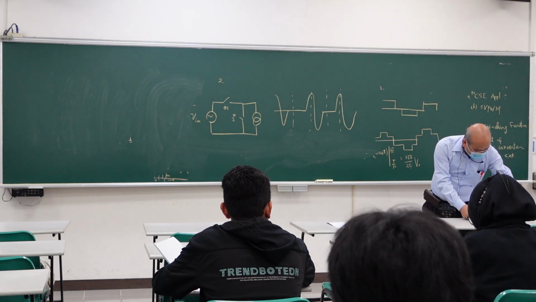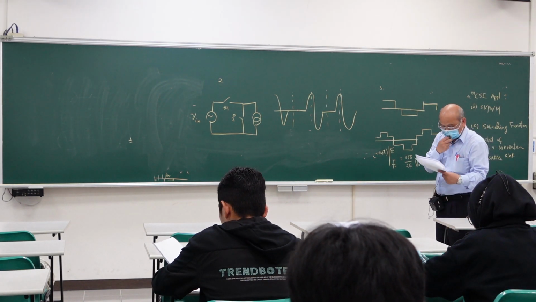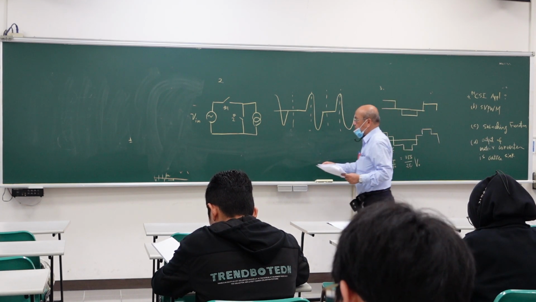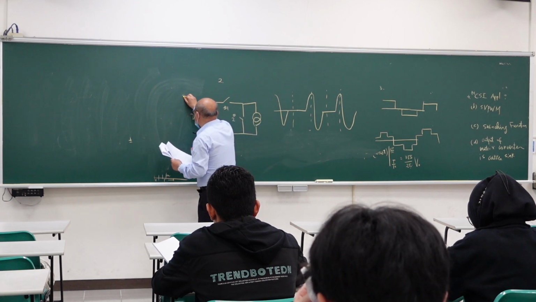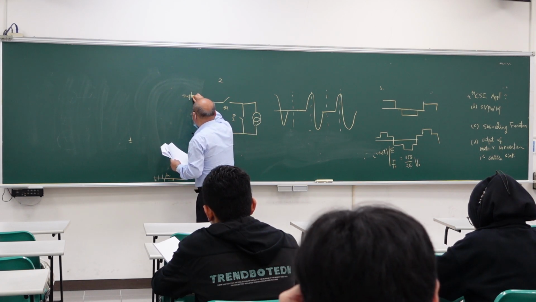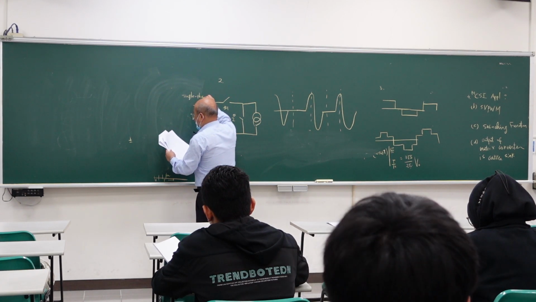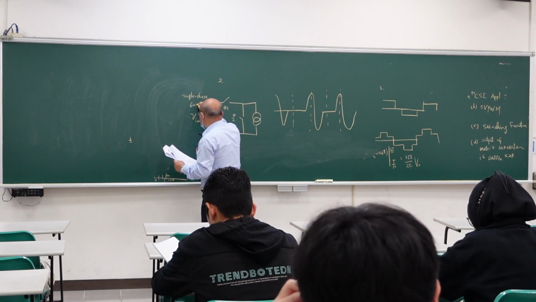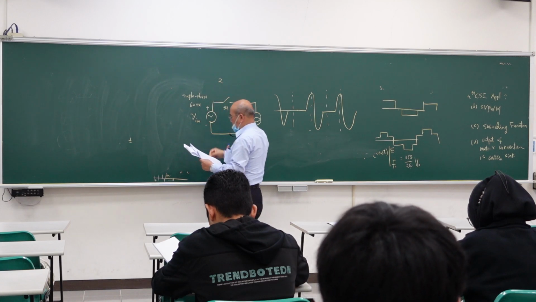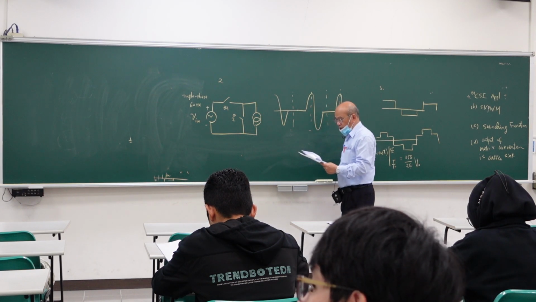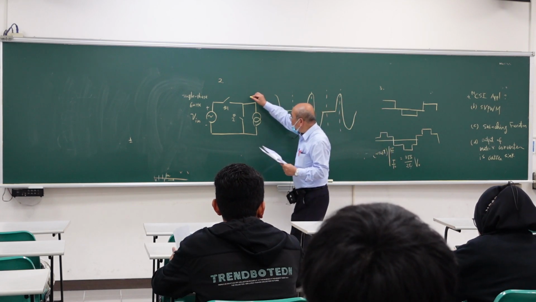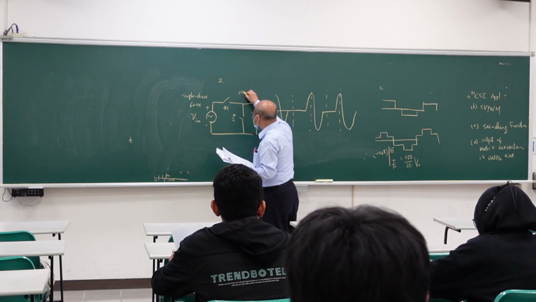So problem 2, it is proposed to convert single phase. So this is single phase input, and this is 60 Hertz. So single phase 60 Hertz AC voltage to single phase output should be 30 Hertz.